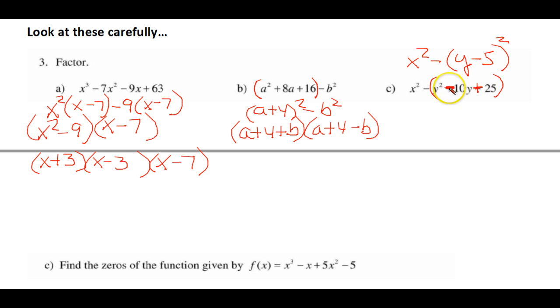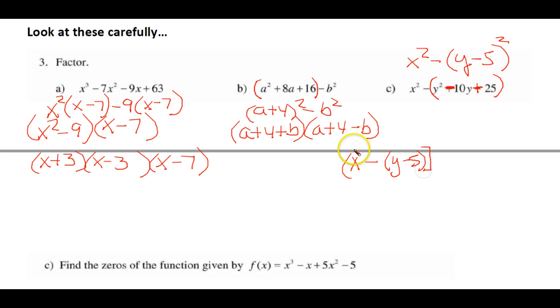This should have been a negative, this should have been a positive, and then when that's factored it becomes this, and then we get the factors x squared minus, in parentheses, y minus 5.